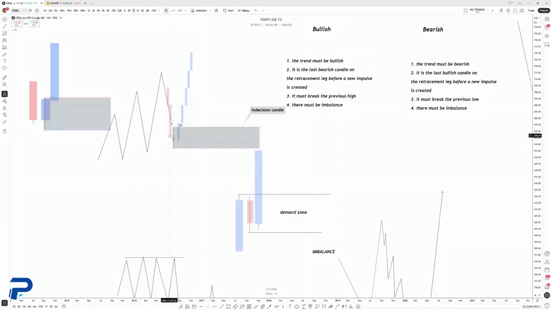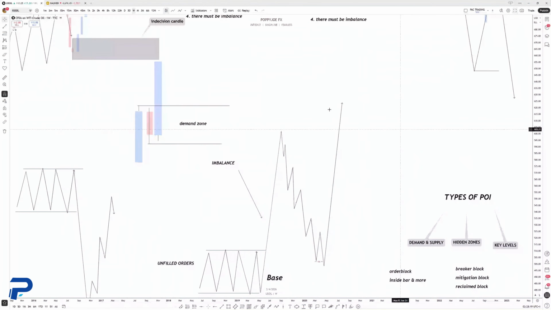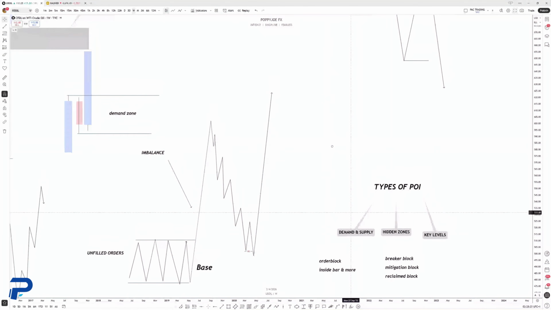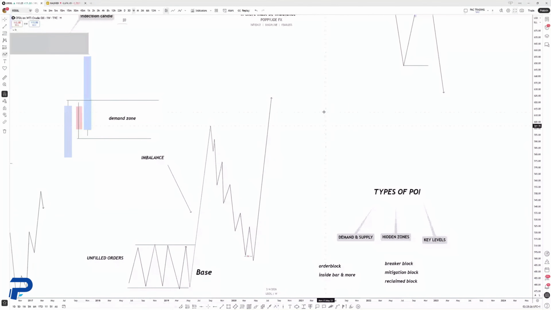If there is no imbalance present, then the POI is automatically a failure. So that's one other thing you must learn how to do. You choose based on that: there must be an imbalance. Let's see which other thing I need to talk about. Then talking about breakers and inducement, hidden zones, I'll just quickly talk about this. This is a breaker block here.